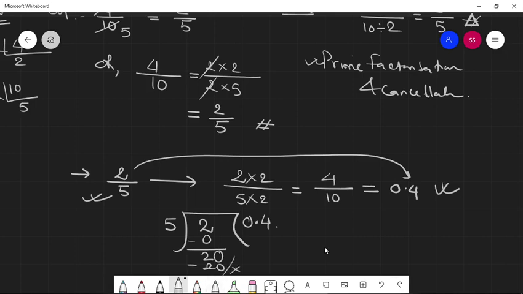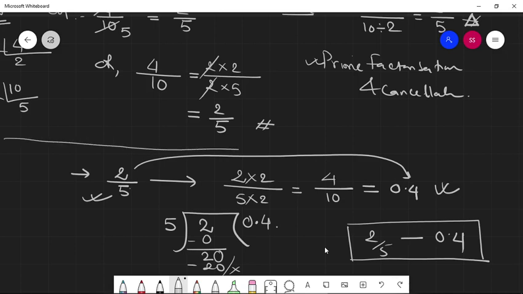So 0.4 means 2 by 5, so 2 by 5 is 0.4. This is our checking only, to develop confidence. I have checked, but this is not required in every question.